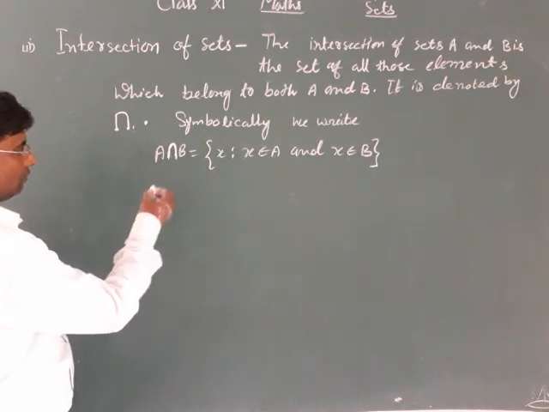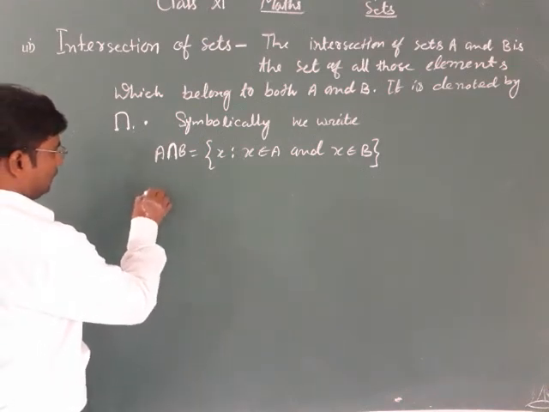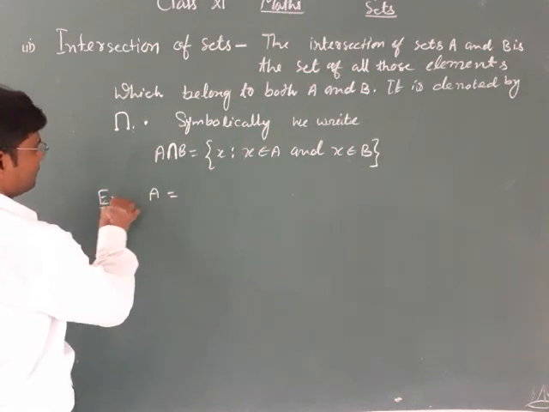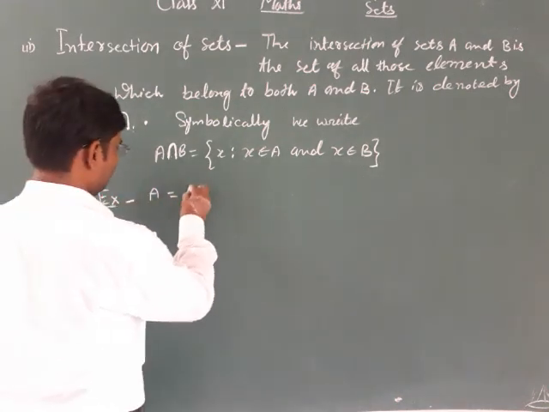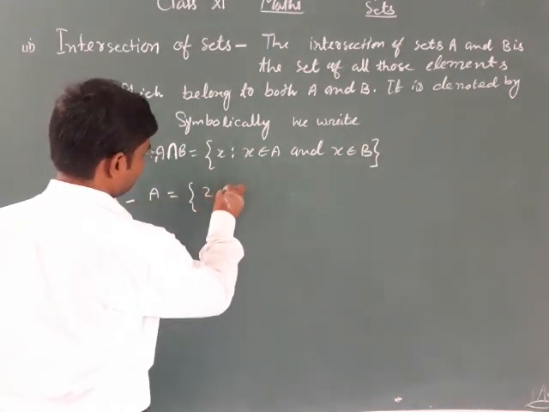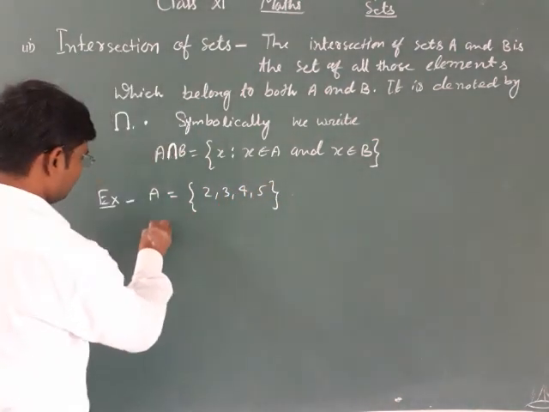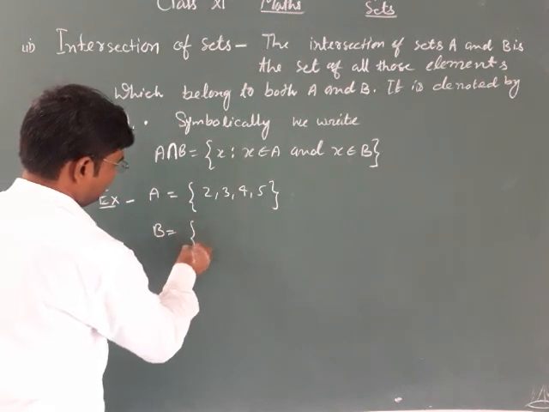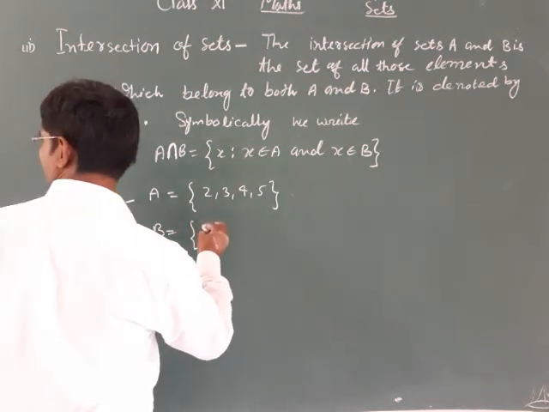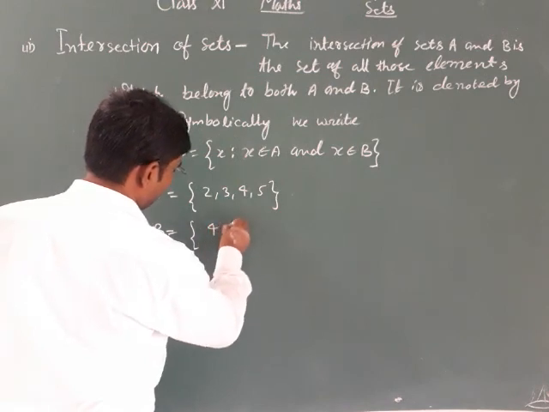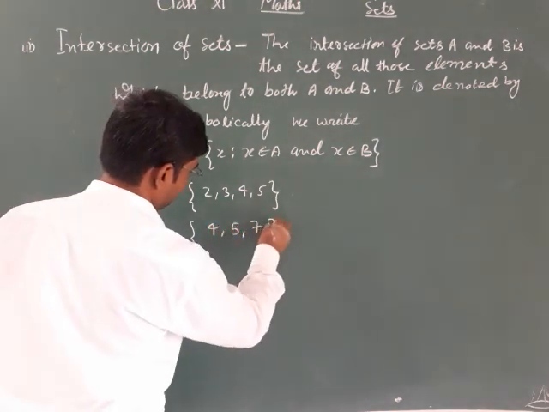Example: let set A have elements 2, 3, 4, 5 and another set B have elements 4, 5, 7, 8.